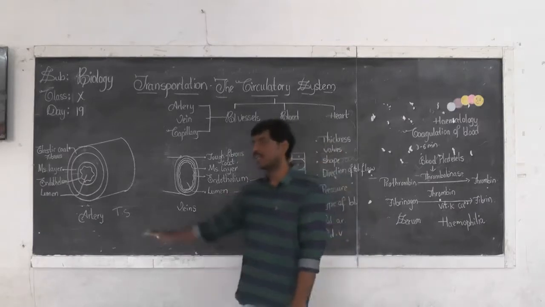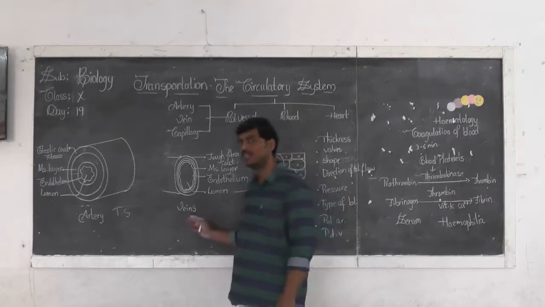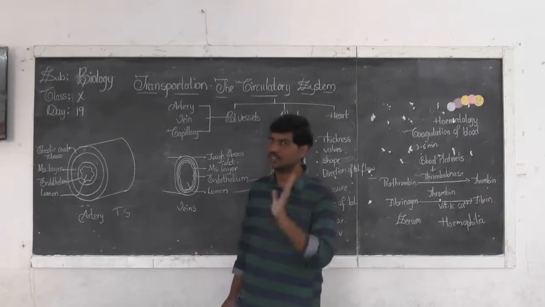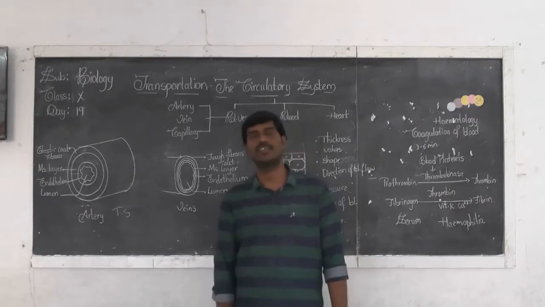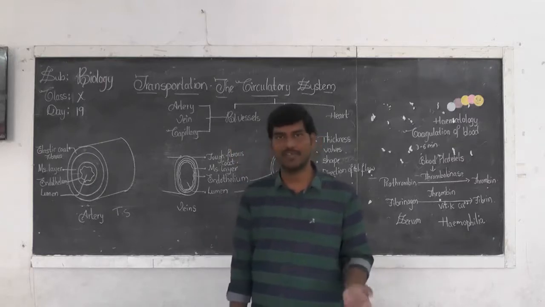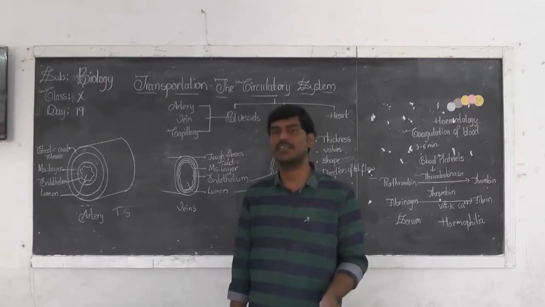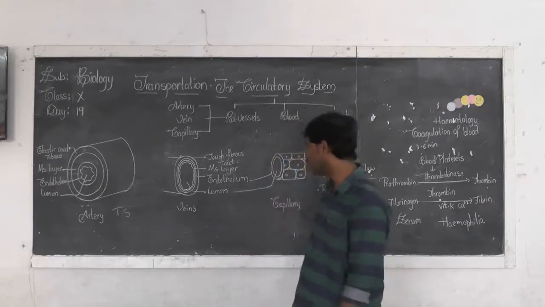That means arteries take blood away from the heart and veins carry blood towards the heart. This is the definition of artery and vein.